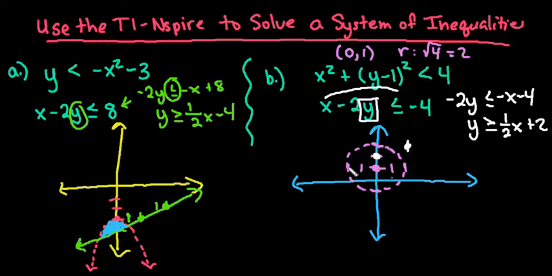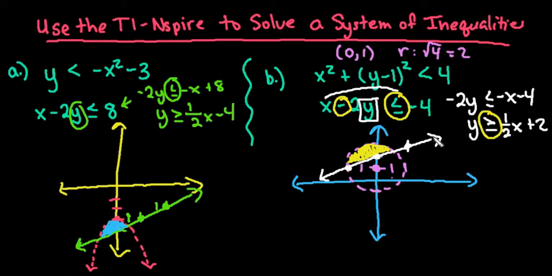Or I could go down 1 and back 2. So we can see that this line right here is the second equation. And then as far as filling it in, we would just fill in this region right here. I know that the original problem was less than, but because we're dividing by a negative value, it does flip it to be greater than. So always solve for y when you're trying to put it on paper.